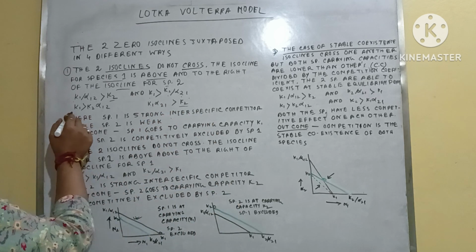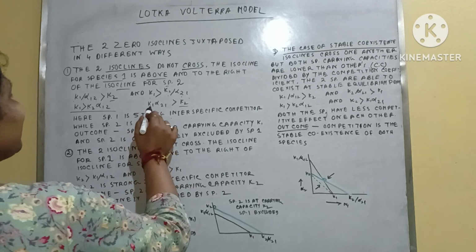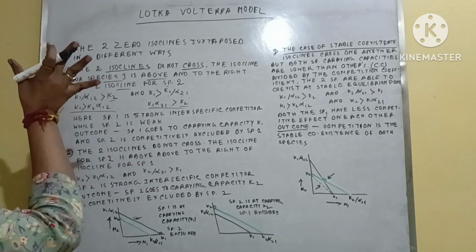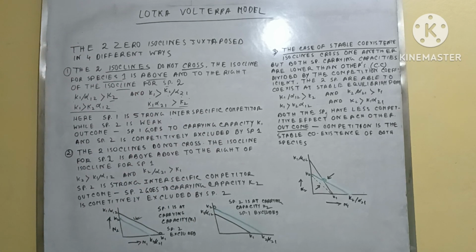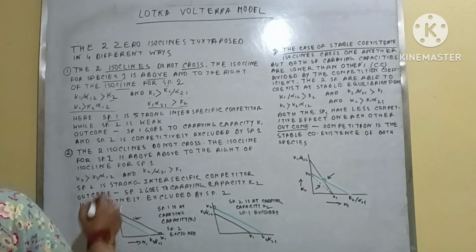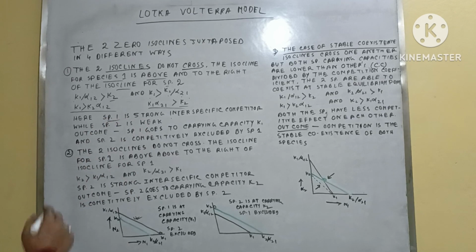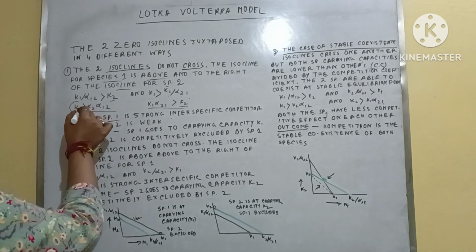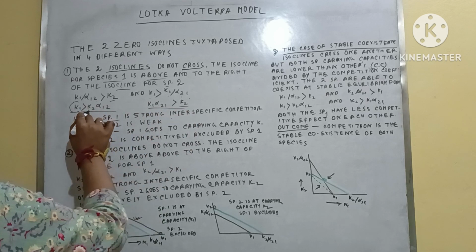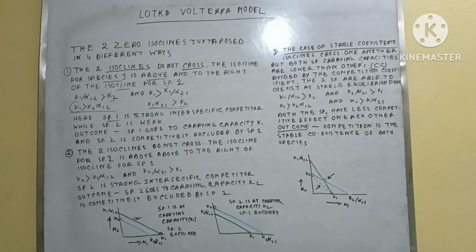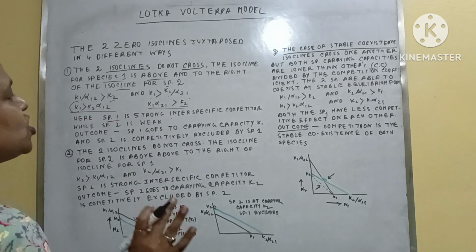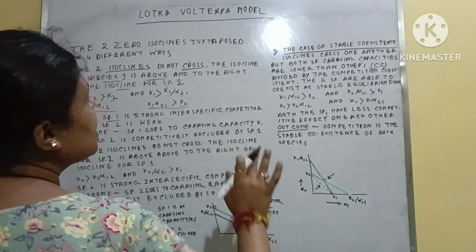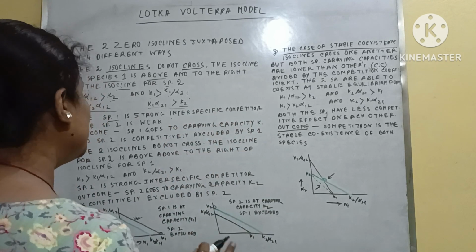So you can get either this one or this one. But in both cases, which species is strong? Species 1 is strong, because K1 is greater than K2 in both cases. So here species 1 is the stronger interspecific competitor than species 2.